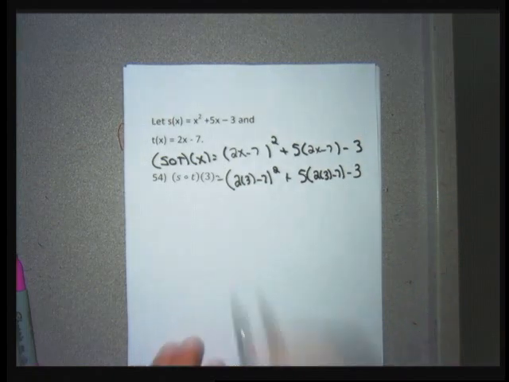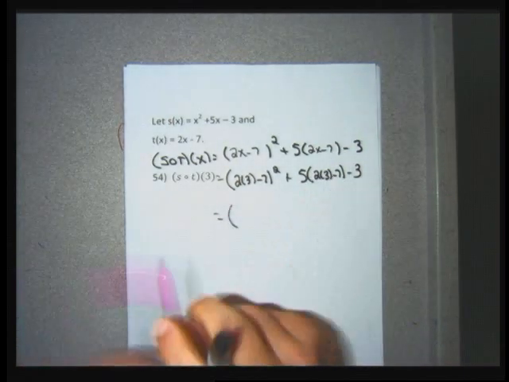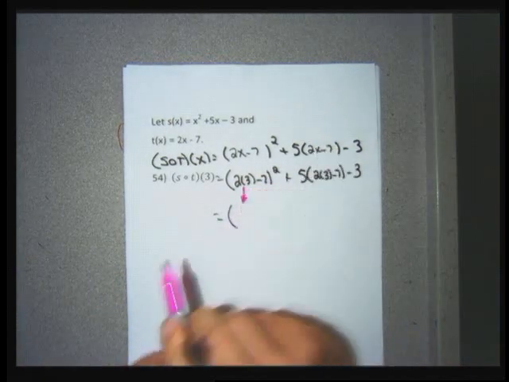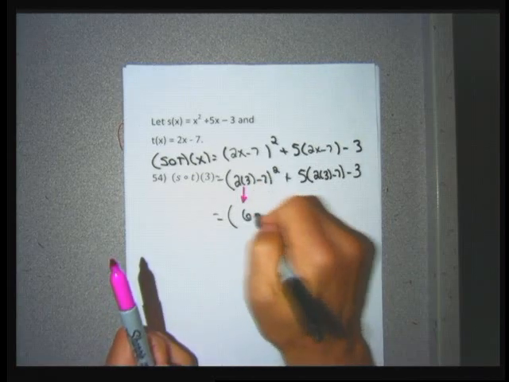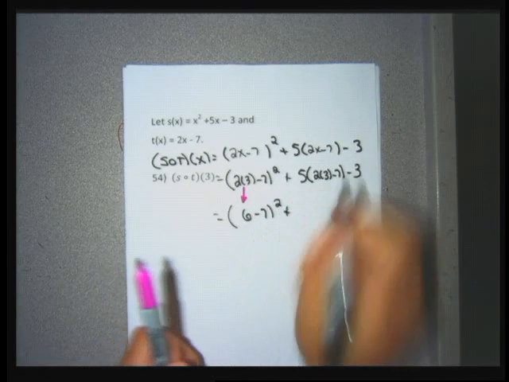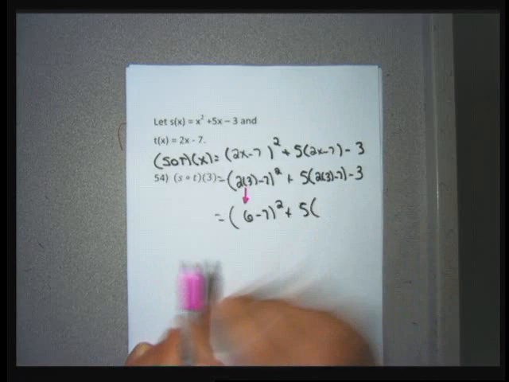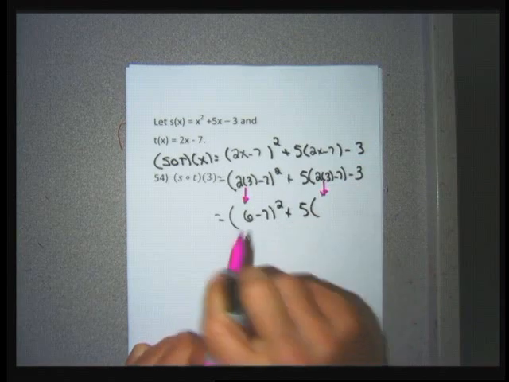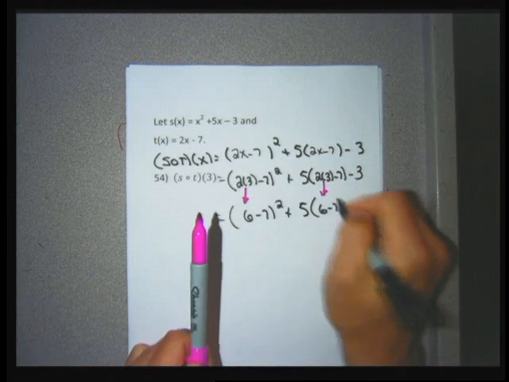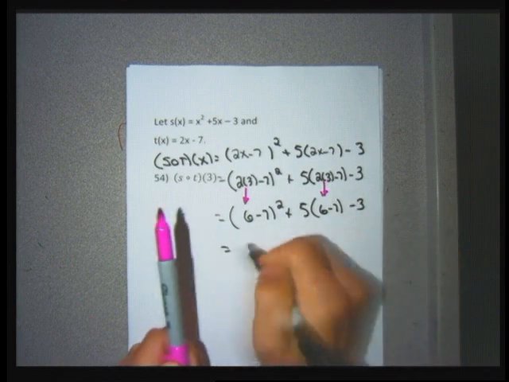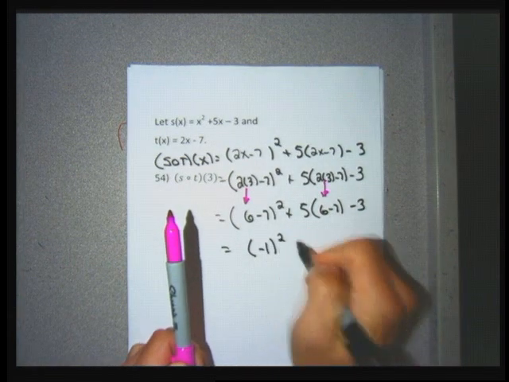Now I'm going to simplify inside of the parentheses first. First parentheses, I multiply the 2 and the 3 and get 6. Second parentheses, I multiply the 2 and the 3 and get 6. 6 minus 7 in both parentheses is negative 1.